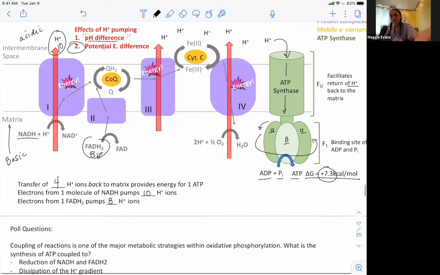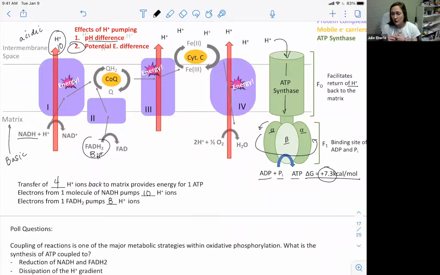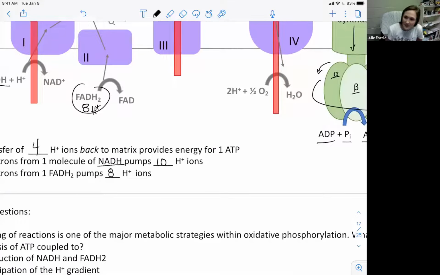Okay. So our reduced coenzymes essentially pump 18 hydrogen ions across the membrane between the 2 of them. If you read through this section in your textbook, how many ATP can we get from 1 NADH? And how many ATP can we get from 1 FADH2?